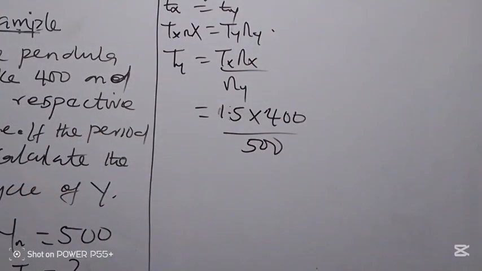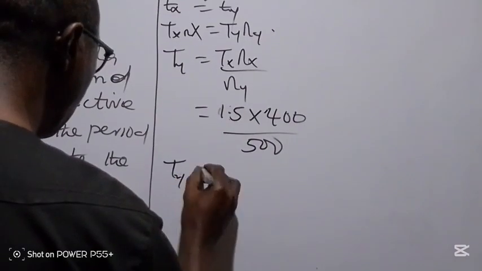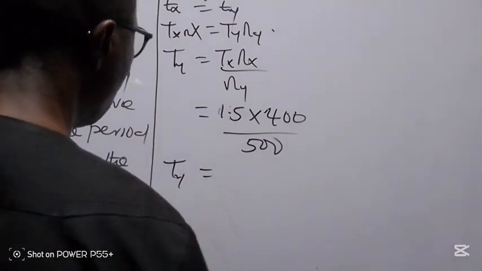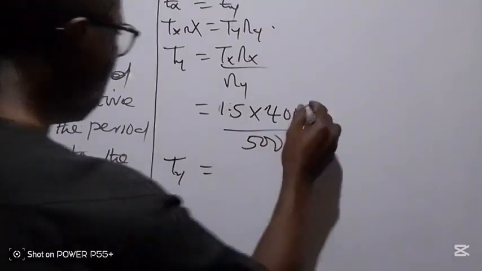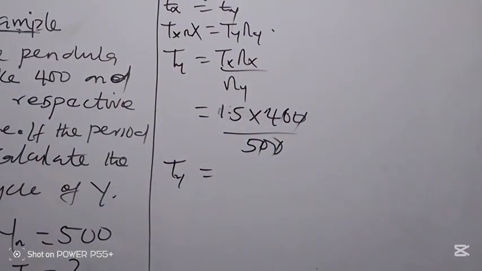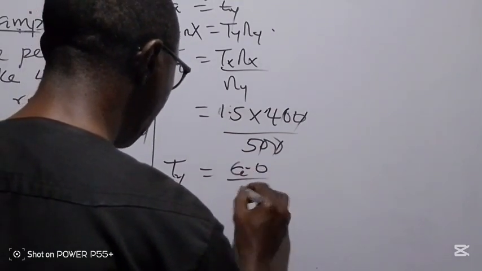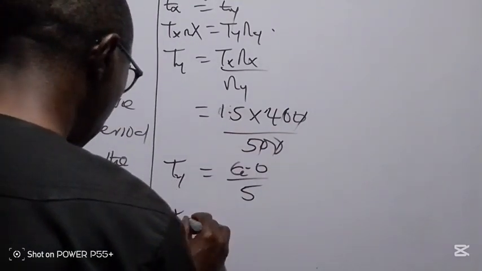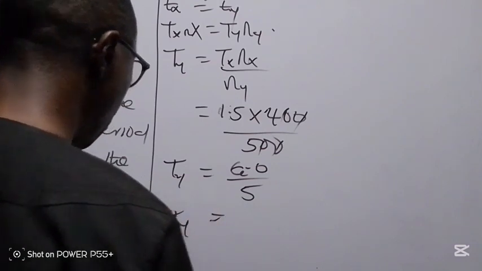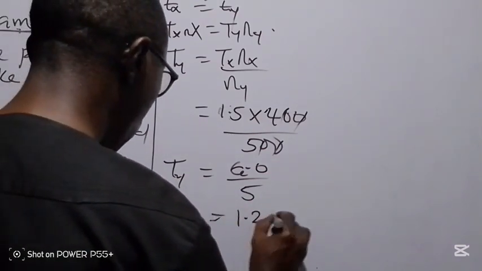So from this one, the period for y will be equal to, we cancel the zeros, 1.5 multiplied by 4, that will be 6.0 over 5. Then Ty, that is the period of oscillation of y, will be equal to 1.2 seconds.